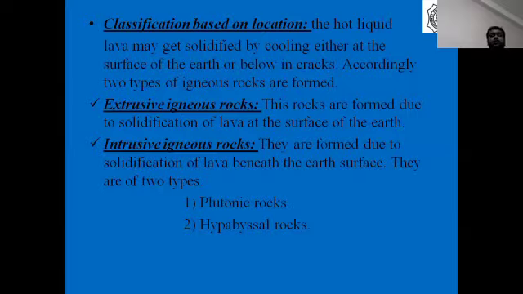Now, classification based on location. The hot liquid lava may get solidified by cooling either at the surface of the earth or below in cracks. Accordingly, two types of igneous rocks are formed.